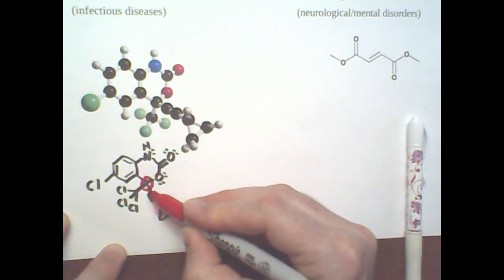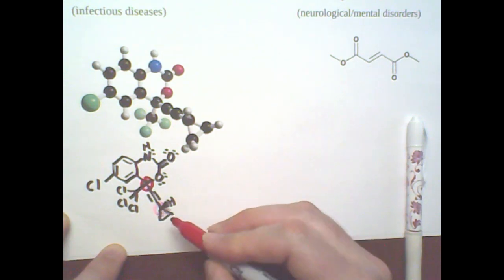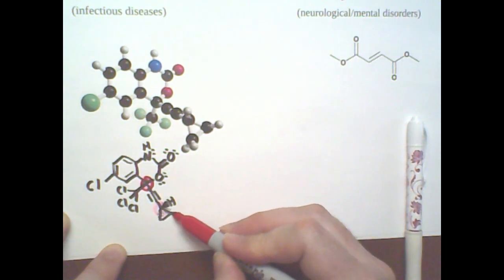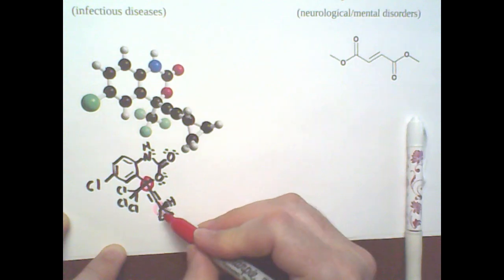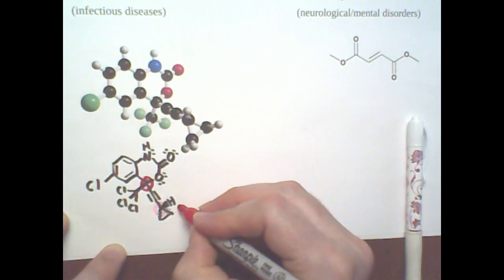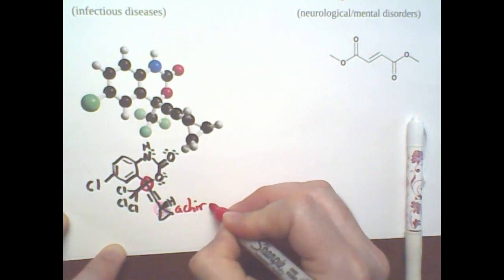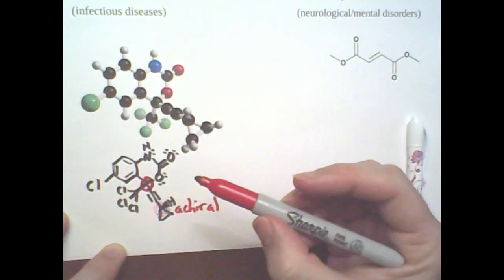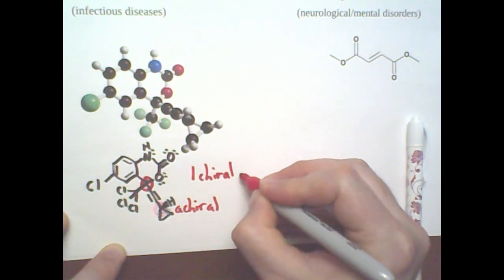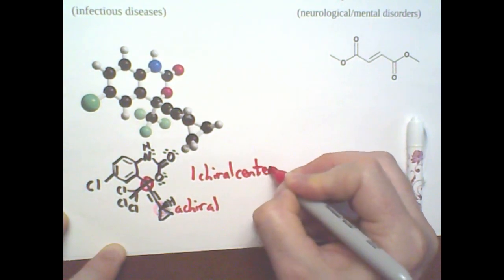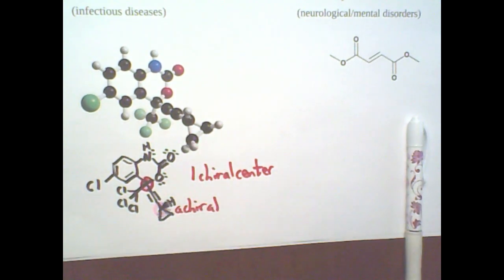It's got the alkyl group going one way, the hydrogen going one way, and then 2 different directions around this symmetrical cyclopropyl ring. So it is not a chiral center. This one is achiral. So there's only one chiral center on this whole complex molecule.